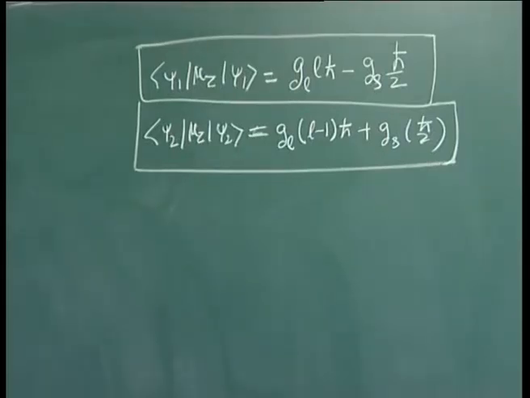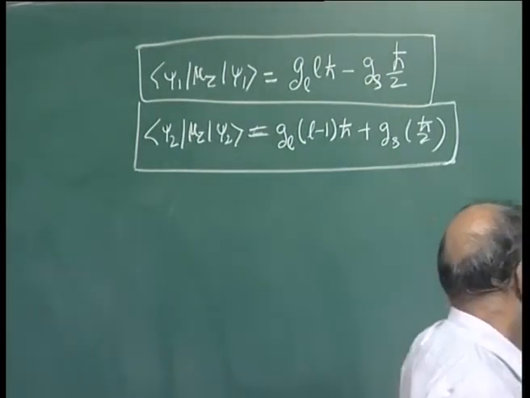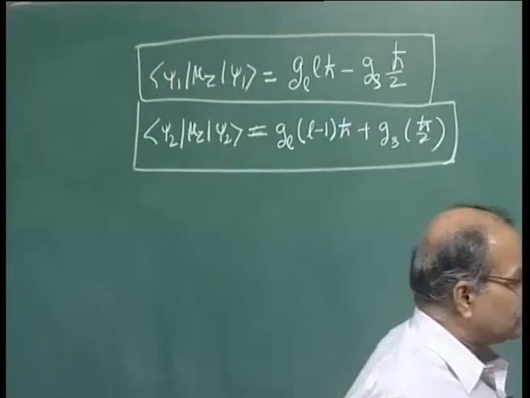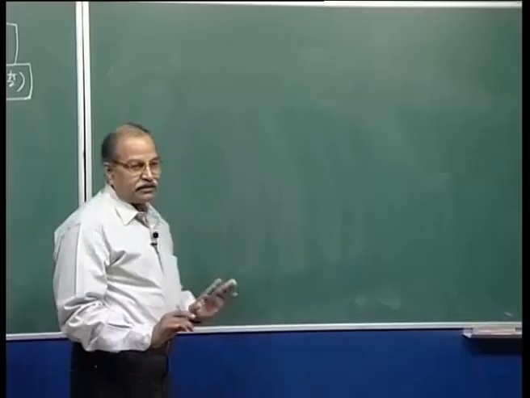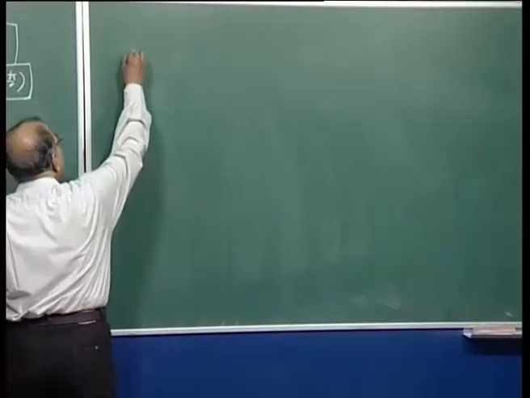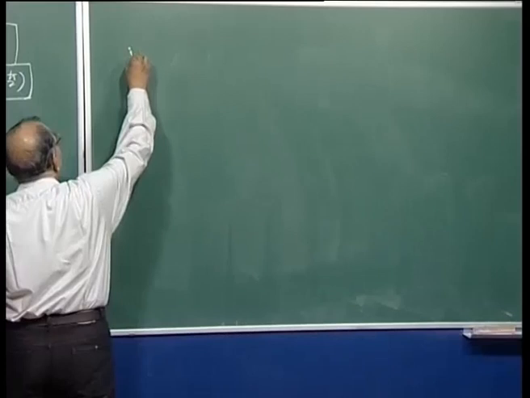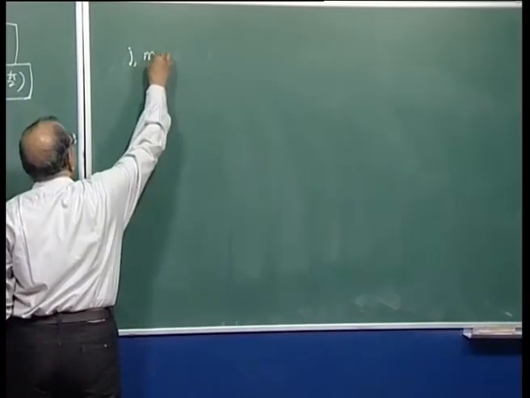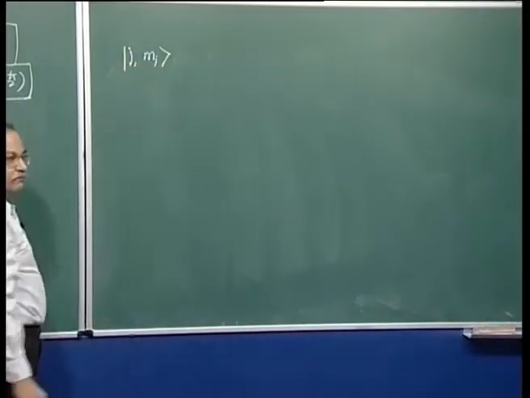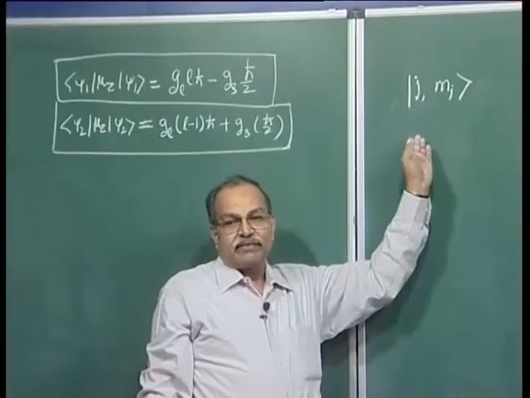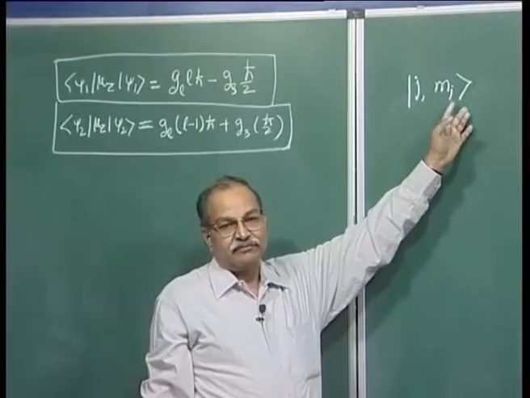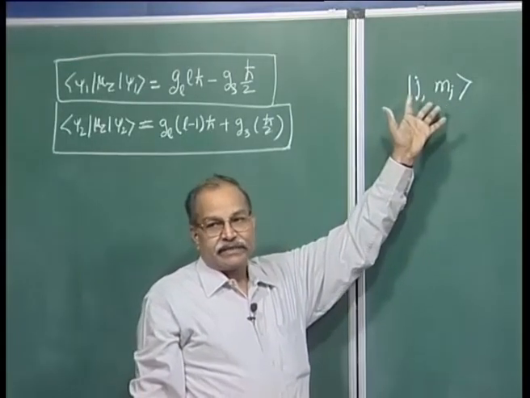If you have any kind of angular momentum given by the quantum number j, in general. So, if you have any angular momentum given by j, you have these states j m j, where m j can take values from plus j to minus j in steps of 1. These types of states are there.